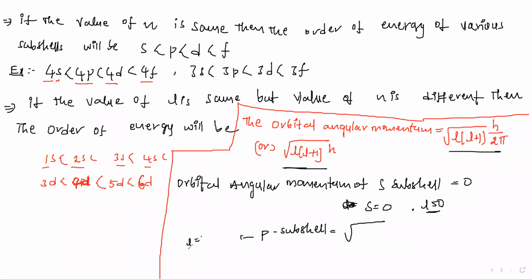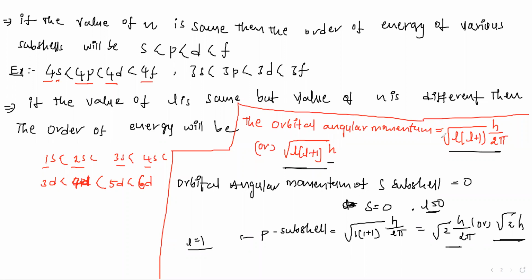For p subshell, l value is 1. So 1 into 1 plus 1, that is 1 into 2, root 2 h by 2 pi, or if you substitute the other formula, root 2 h.